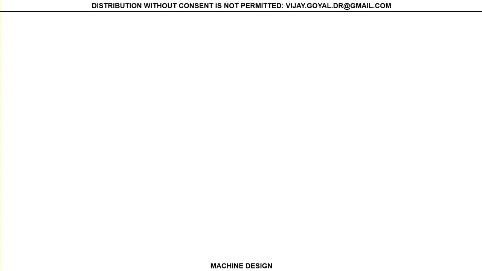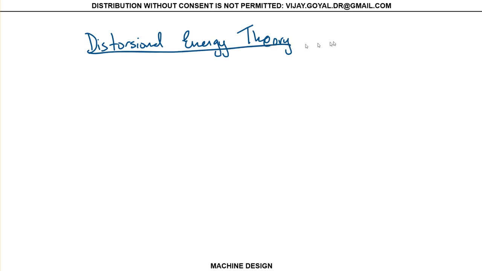Theory number 2 is the distortional energy theory, or maybe you know this as the von Mises stress, von Mises theory as well.